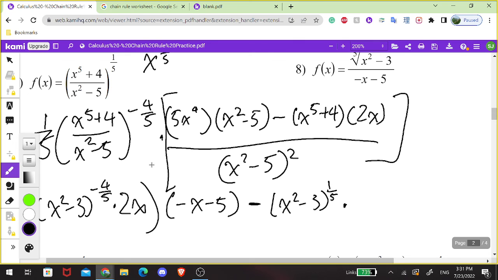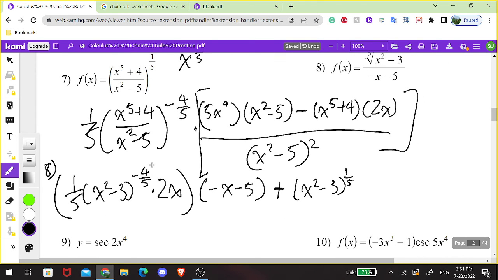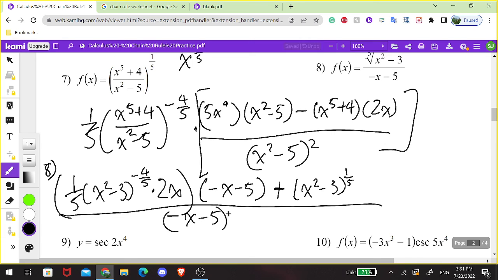The derivative of the bottom is thankfully much easier this time, because for negative x minus 5, the derivative is simply negative 1. The coefficient is negative 1 for the x. So instead of multiplying this by negative 1, we can simply rewrite this as a plus. Now we need to divide this entire thing, because of quotient rule, by negative x minus 5 squared.